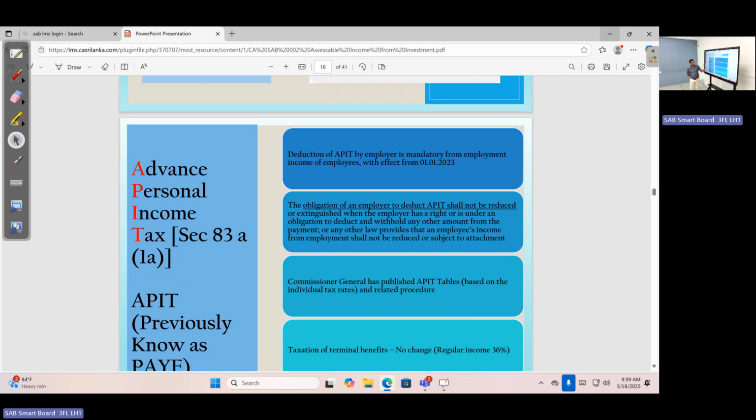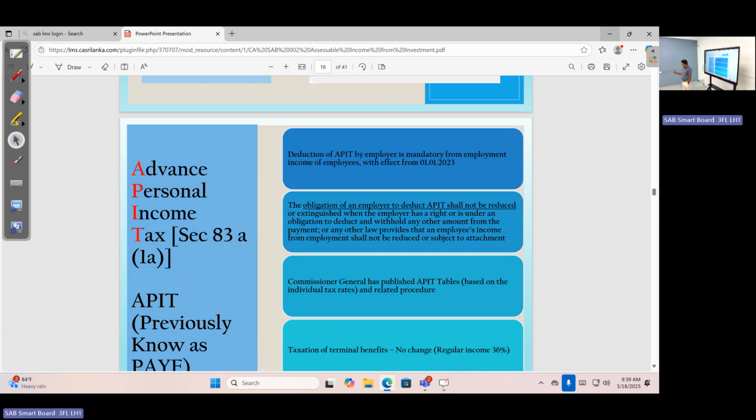So the Commissioner General has published the APIT table, the advance personal income tax table. You have to apply that table. Once you apply it and work out the tax on a monthly basis, the annual tax liability and the monthly tax you are paying by the end of the year are the same. There won't be any additional tax.